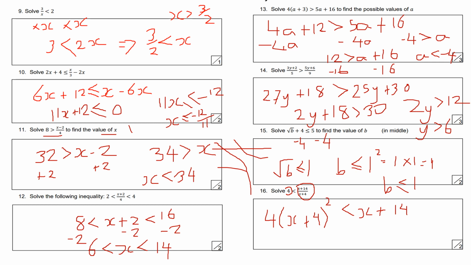If you're not sure about that, feel free to plot that, or go on the Desmos website, and plot that graph x plus 14 over x plus 4. And you will get 2 sets of values for that. So expand this out. I'm going to have 4 lots of x squared plus 8x plus 16.